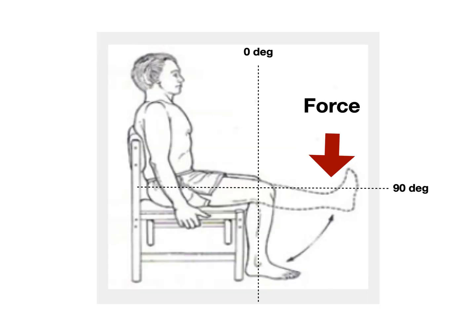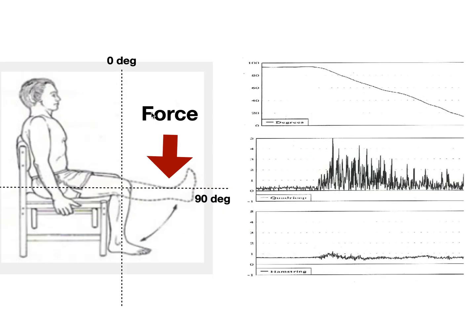So this is the setting describing exercise two: we have a man sitting on a chair, and he initially has his knee fully extended at 90 degrees. Then we apply a downward force to his ankle until his knee is straight, vertical to the ground at 0 degrees.